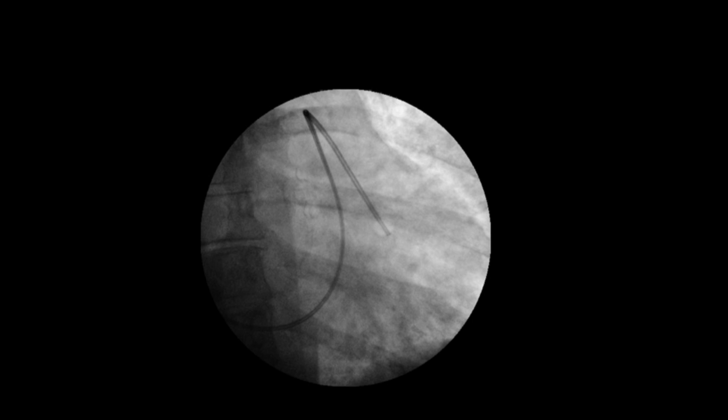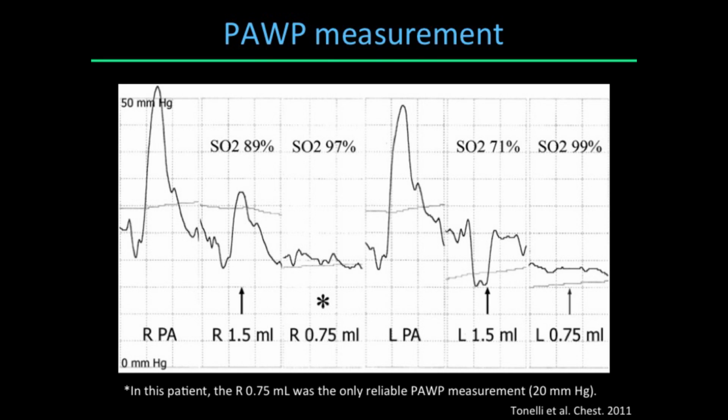This one, half balloon inflation, left side, the vessel fills completely. If you don't do anything, that contrast will stay there for hours. Obviously, you don't want that, but I'm just telling you there is no movement of blood. And this is reflected in the waveforms you get. In the one I show you from the left, and also the distal right, you see the A and the V waves and an appropriate determination.